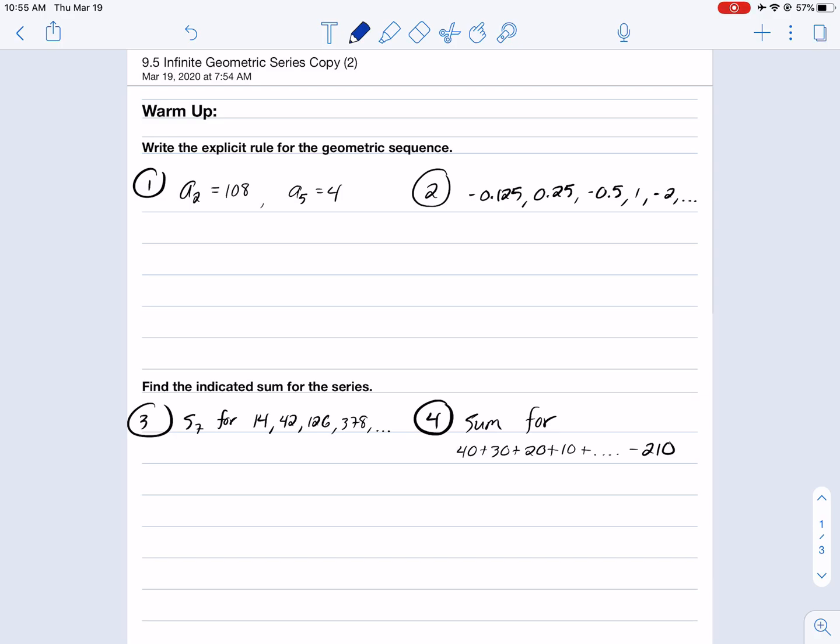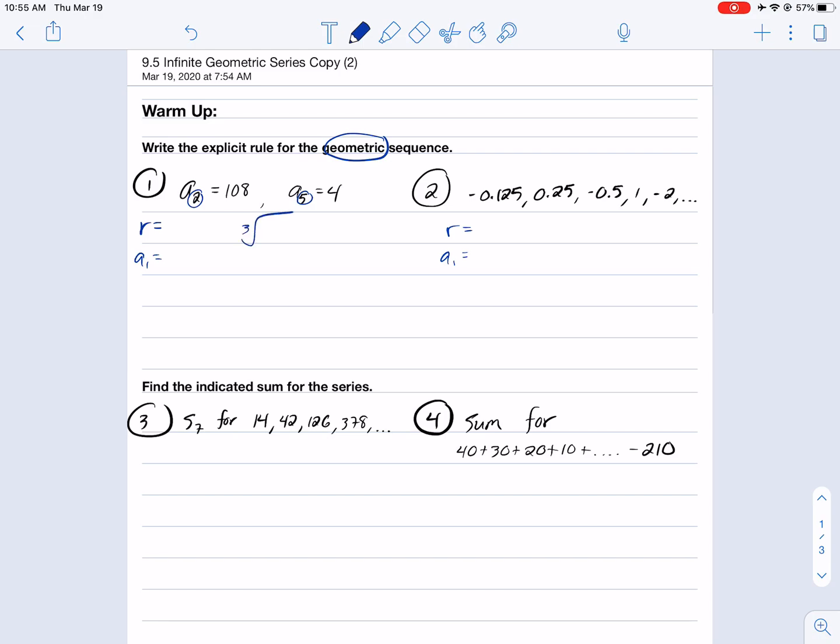Okay, so for number 1, if it's a geometric sequence, you know that there needs to be a common ratio. You always want to find the ratio and the first term. Your trick when you're given 2 terms is to find the ratio: the difference in term number. So 2 and 5, that's a difference of 3.